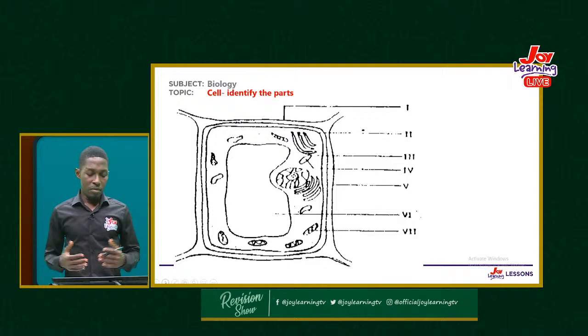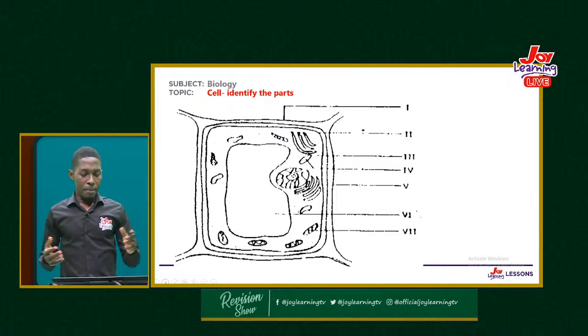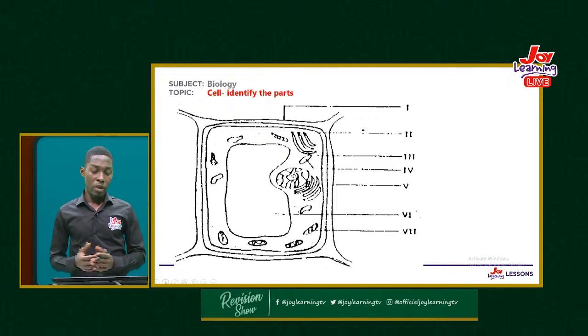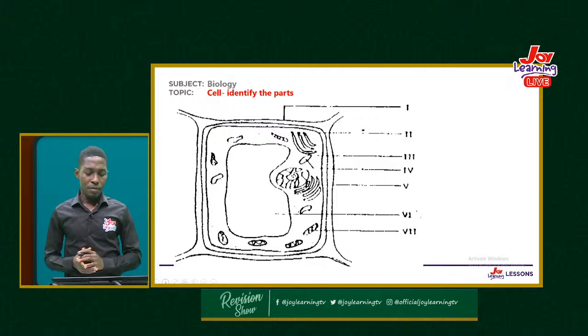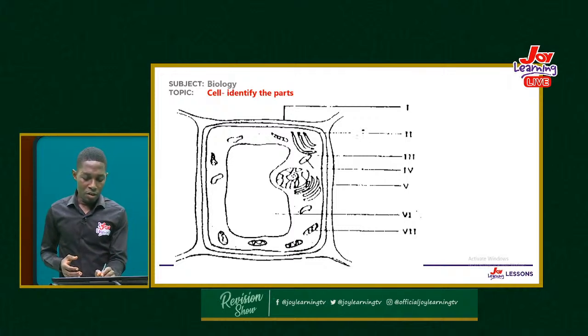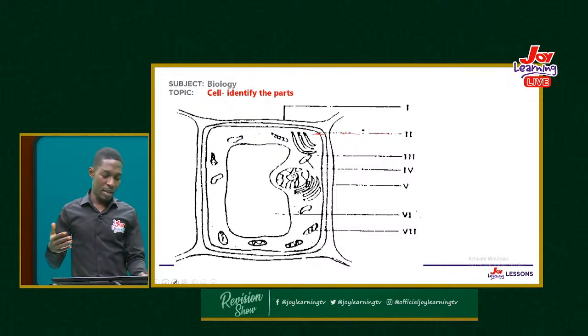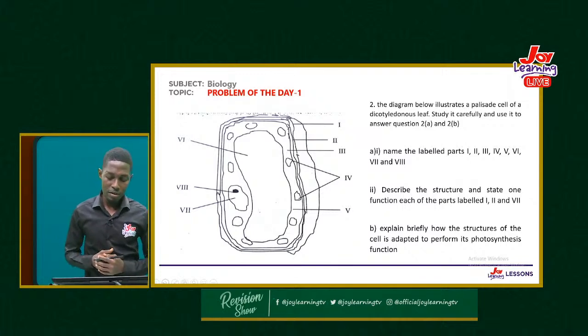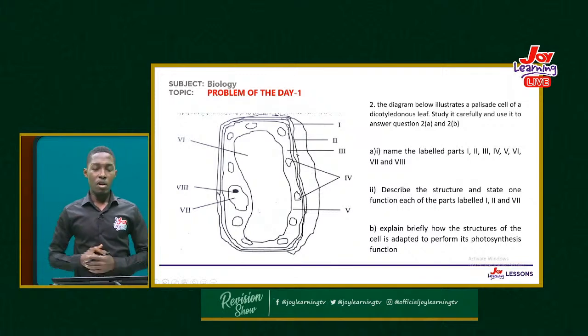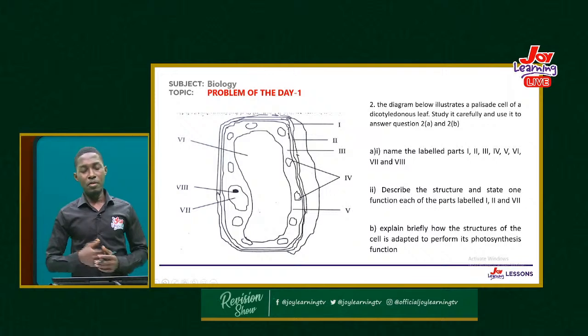On your screen is a section A drawing of a plant cell. Do your best to join the lines; they are trying to say, try and identify the parts and label them. As much as I won't try to identify everything here, when we do the main study, you get the correct names. On your screen again, problem of the day.